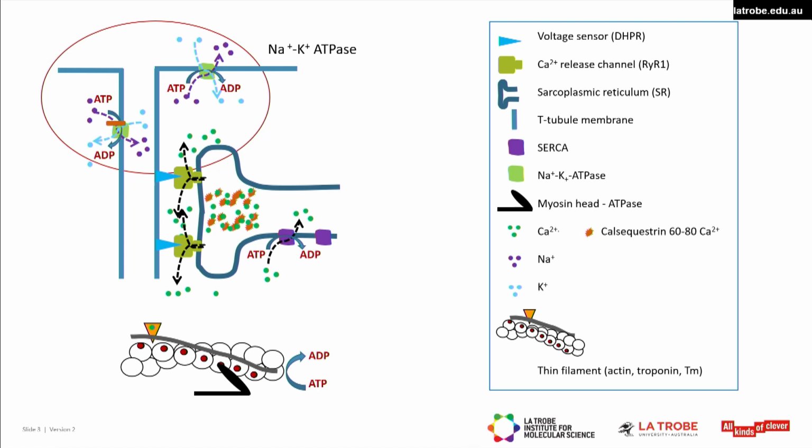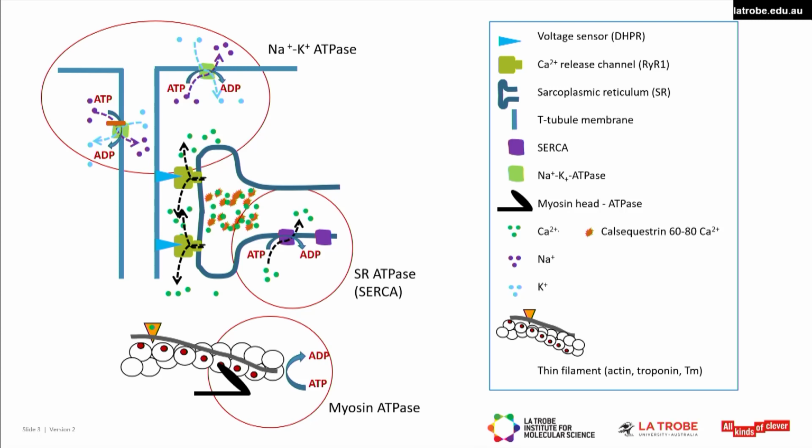Now, where that ATP is being used primarily will be up here at the surface membrane to maintain excitation-contraction coupling, and the movement of sodium and potassium is particularly important to the polarisation of the membrane. The SERCA pump, which is where the focus will be, and I'm going to talk about that a little bit more, and also down here at the myosin and actin contractile units, the ATP consumption will be in those areas.